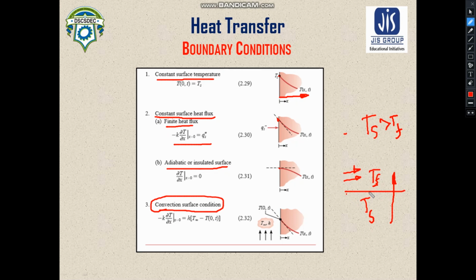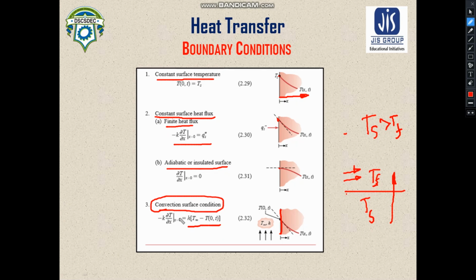Okay, now at the interface, some boundary conditions can be implied. So this is your interface here at x equal to 0. So you know the conduction heat flux equals the convection heat flux.